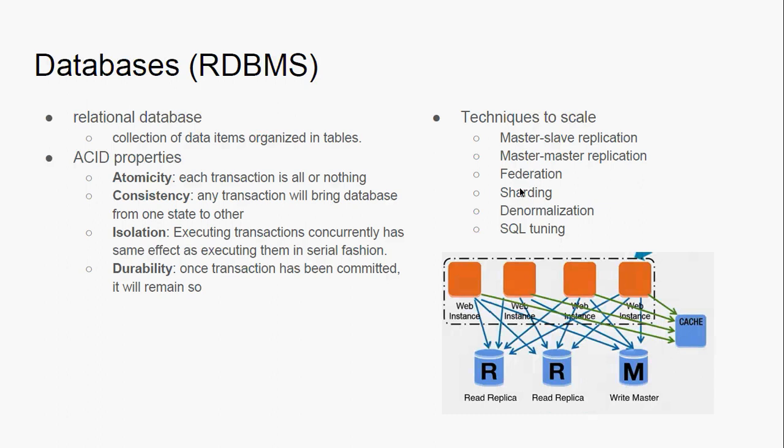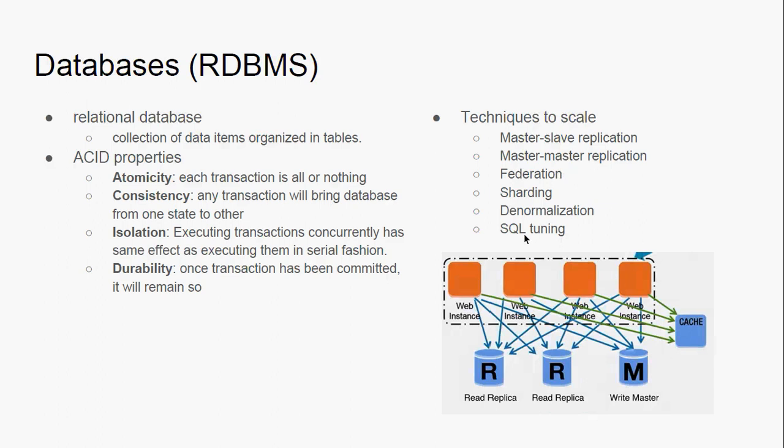The main intention is to talk about the techniques that we want to use for databases to improve their availability and scaling. So these are the 5 or 6 different techniques using which we can scale the databases.